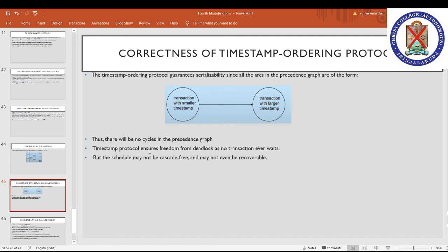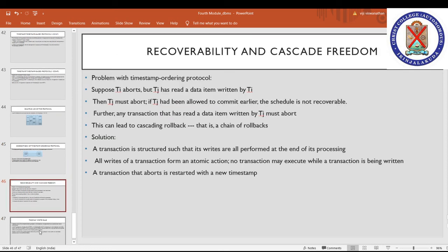The timestamp protocol ensures freedom from deadlock, as no transaction ever waits. But the schedule may not be cascade-free, or even recoverable.